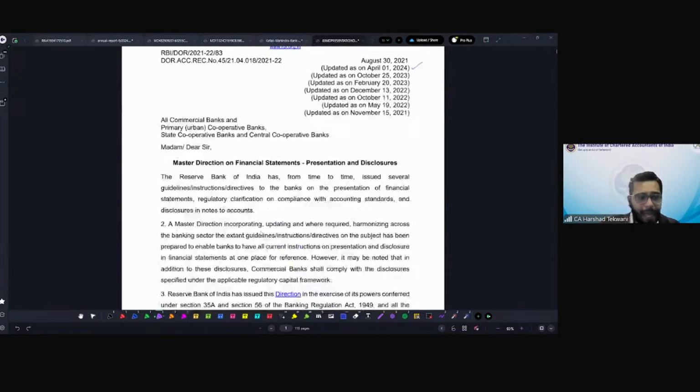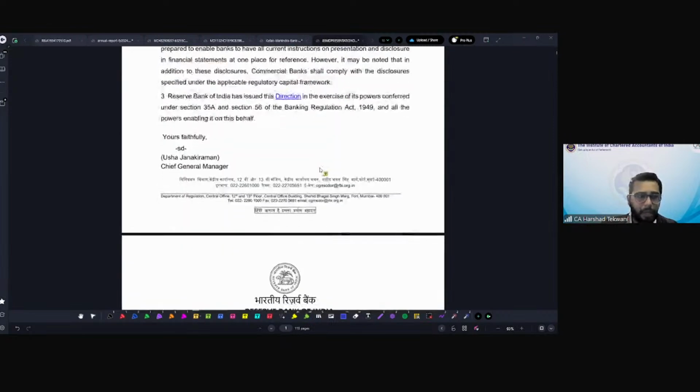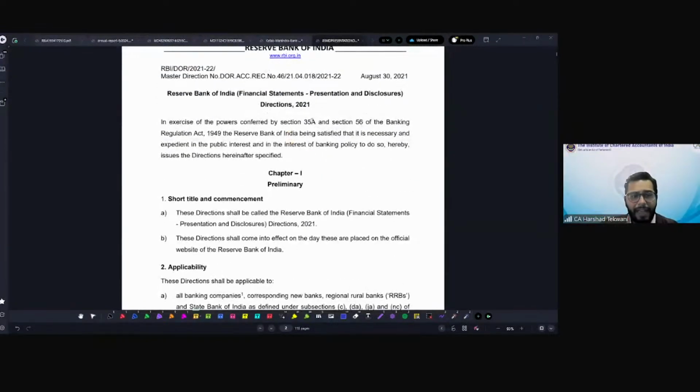And this is applicable to all commercial banks, primary urban cooperative banks, state cooperative banks, and central cooperative banks. Now, if you see, these are issued under sections 35A and 56 of the Banking Regulation Act.